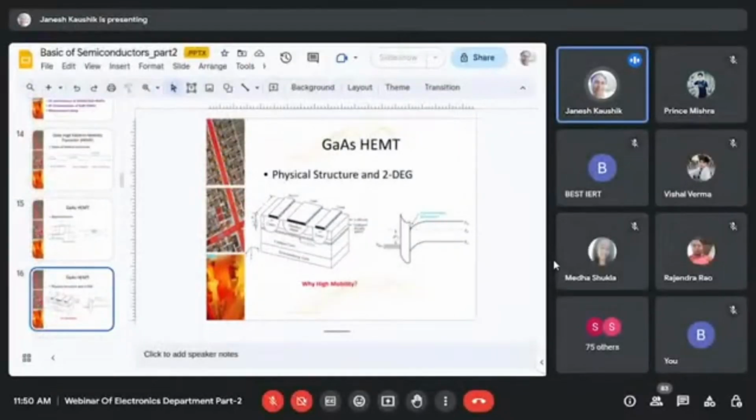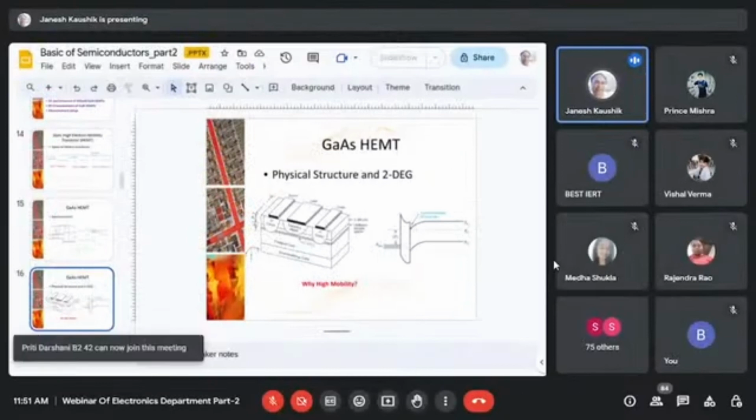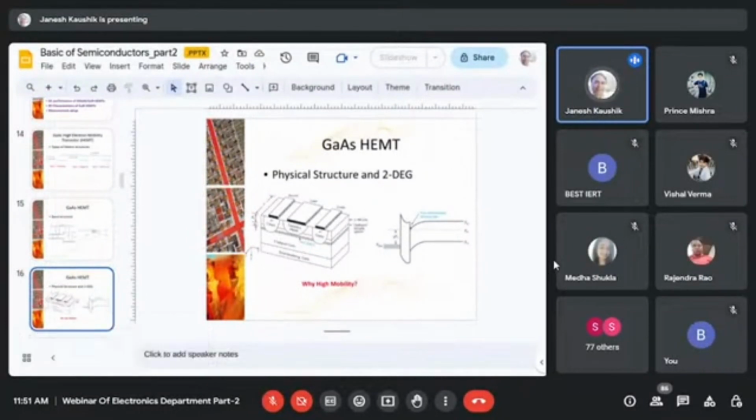And when we put metal above this aluminum gallium arsenide surface, a Schottky diode is formed, and by that diode we can control the conductivity of the two-dimensional electron gas, that is the channel layer at that interface, and that gives a transistor action. If we could put source or drain exactly below the gate, that would be the ideal one, but practically it is not possible.